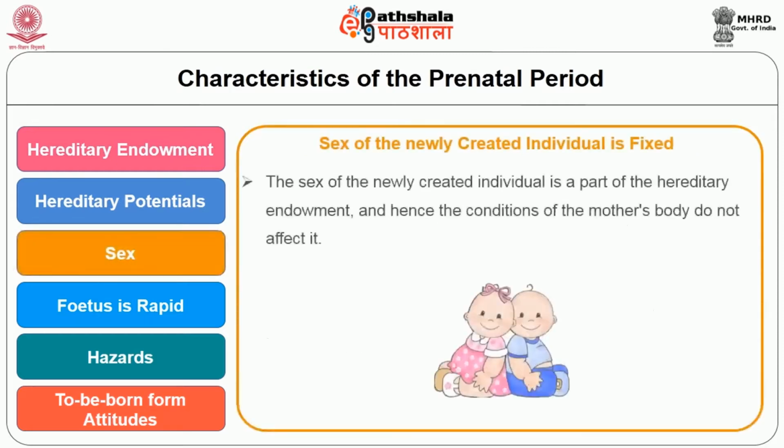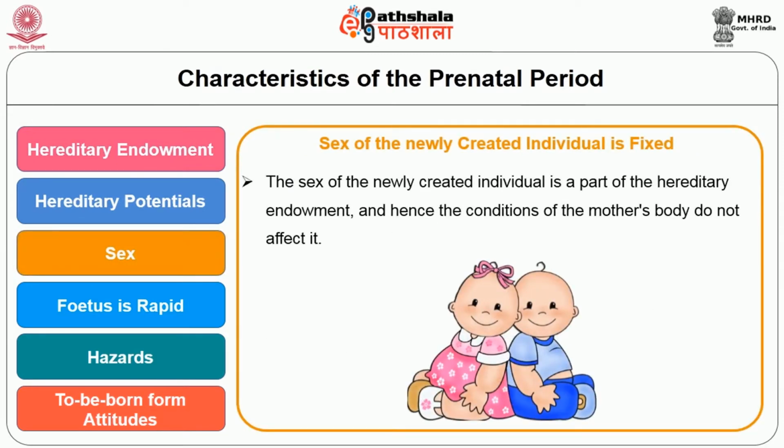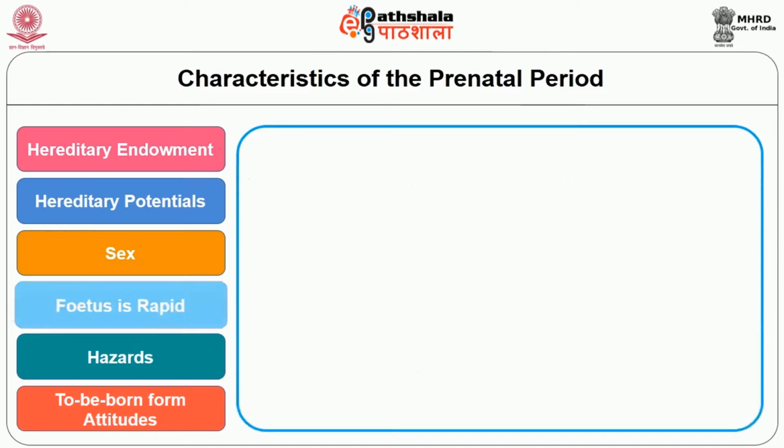The third is that the sex of the newly created individual is fixed. The sex of the newly created individual is a part of the hereditary endowment and hence the condition of the mother's body does not affect it. Fourth is that growth and development of a fetus is rapid.